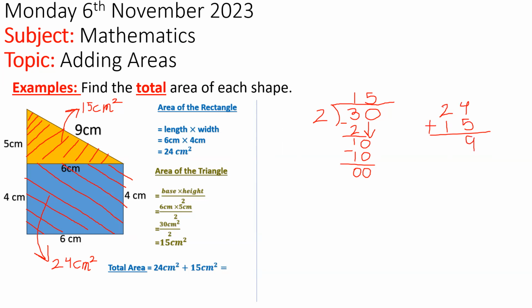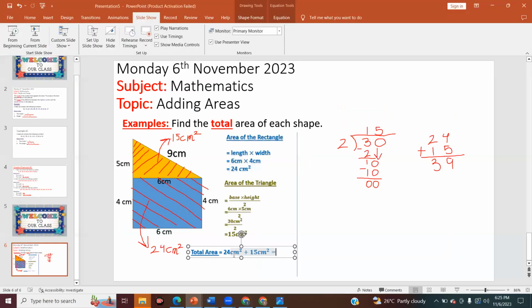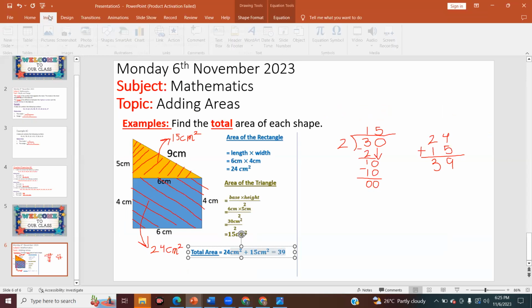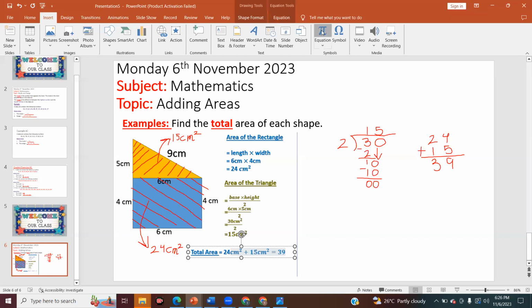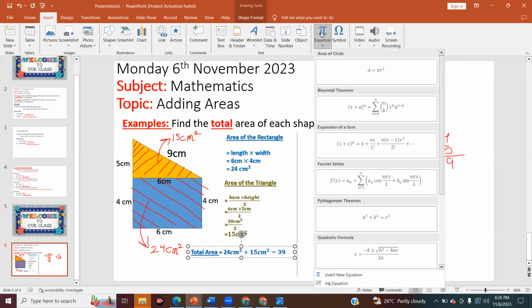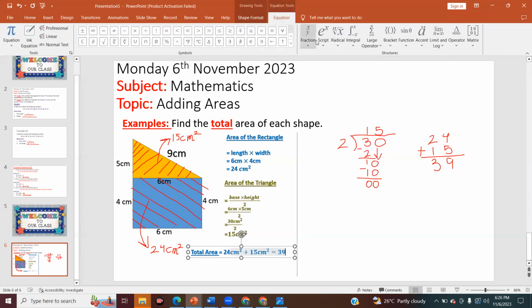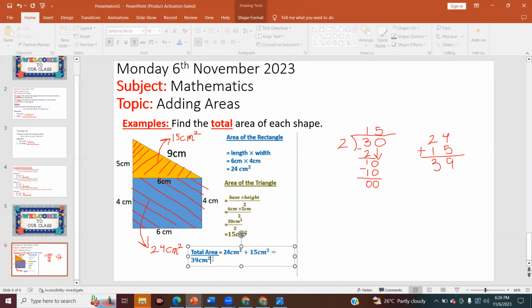And 2 plus 3 is what? 3. Very good. So the answer is what? 39 centimeters squared. Very good. All right, and so that's the final answer.